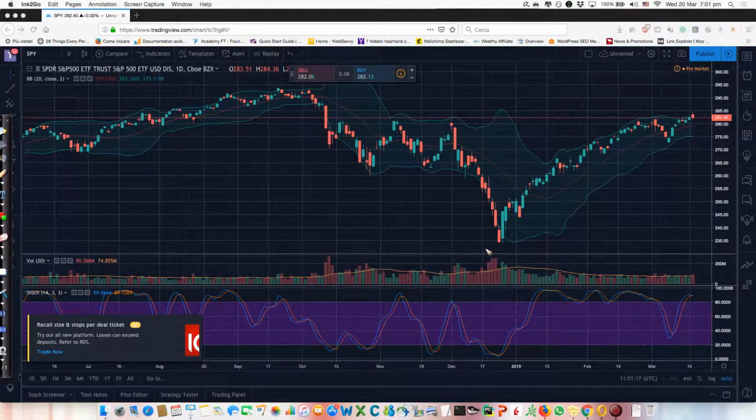What if you use the indicators? If you use the Bollinger band, for example, you would have taken profit around here because that's when you hit your Bollinger band. If you use stochastics and you take profit when the stochastic is above 80, then you would have taken profit even earlier here.